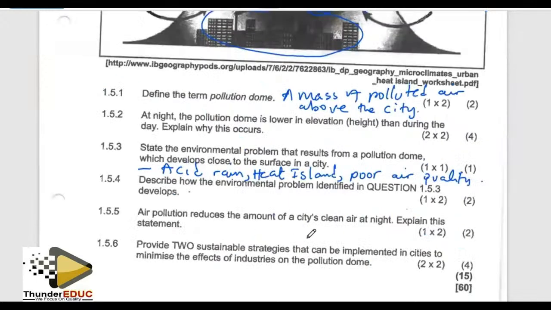Okay, 1.5.6: provide two sustainable strategies that can be implemented in cities to minimize the effects of industries on the pollution dome.